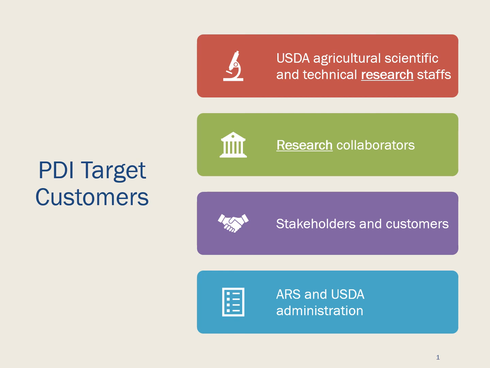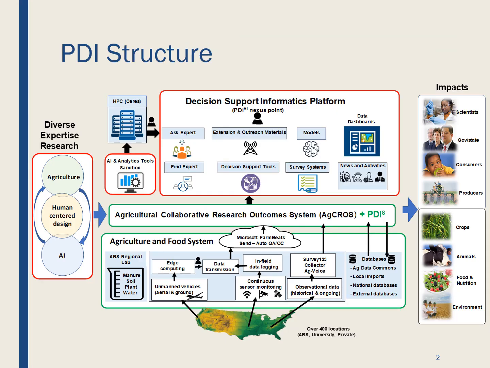PDI is focused on improving the efficiencies of how we conduct day-to-day research activities with regards to data. Unfortunately, I don't have enough time to dive deep into the schematic, so I'll discuss it at a high level. Items in the green boxes represent data management solutions that PDI is actively working on today.